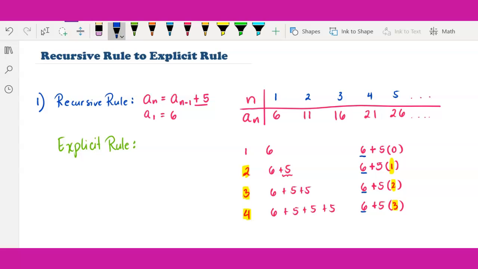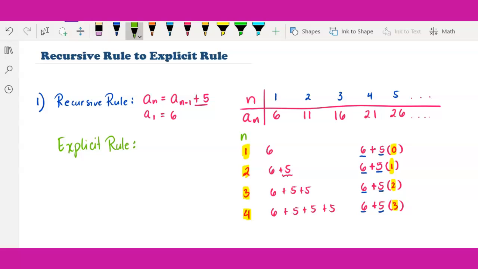Everything begins from 6, and then we're adding 5 times a number. But the number that we're multiplying by is always less than n, these numbers right there. These are n.